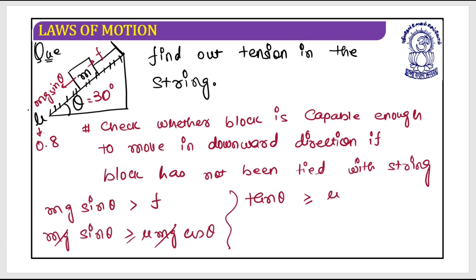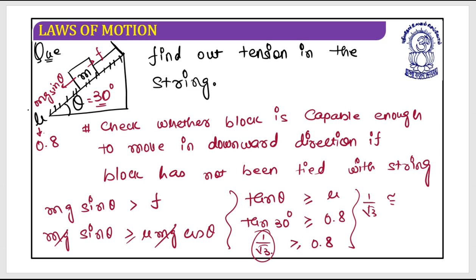It's 30 degree, so tan theta is tan 30 degree, which must be greater than or equal to 0.8. Tan 30 is 1 by root 3. What is the value of root 3? Approximately 1.7. So 1 divided by 1.7 is approximately 0.5. So 0.5 is less than 0.8.